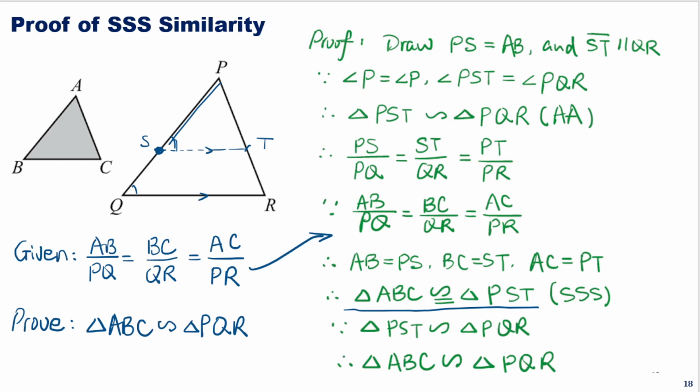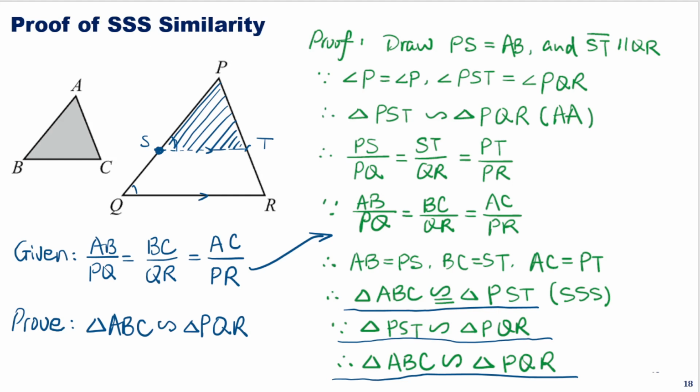So basically this triangle here is congruent with triangle ABC. Because we have already proved PST is similar to PQR and ABC is congruent with PST, then we know triangle ABC is similar to PQR, right? So again, we can actually prove SSS similarity is true.